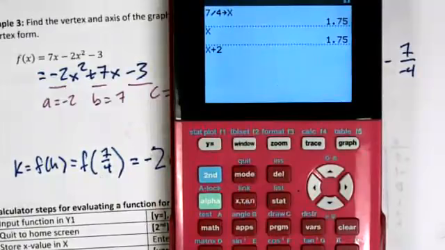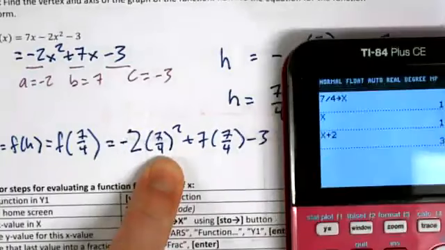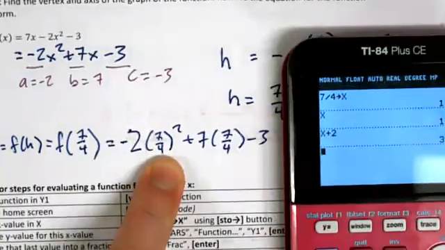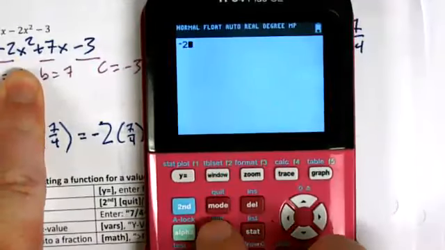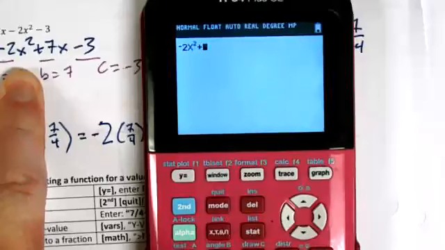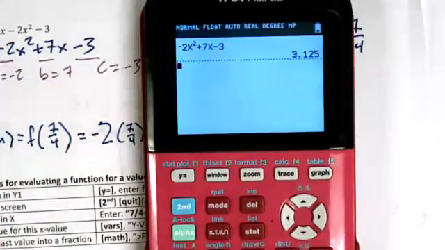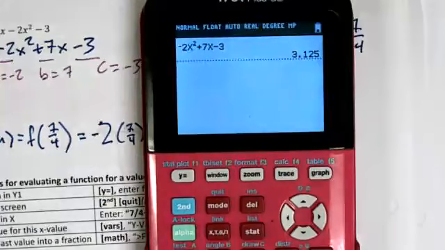Yeah, it's going to take the 1.75 that's already stowed in X and add 2 to it and give you 3.75. All right, this is super useful because now I don't have to type that 7/4 in a bunch of times. I've got the 7/4 already stowed in for X. So now I can just type in this expression, negative 2x squared plus 7x minus 3, and hit enter, and it'll do all the work for me. They give me 3.125.